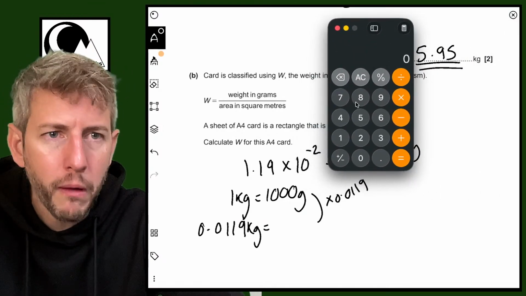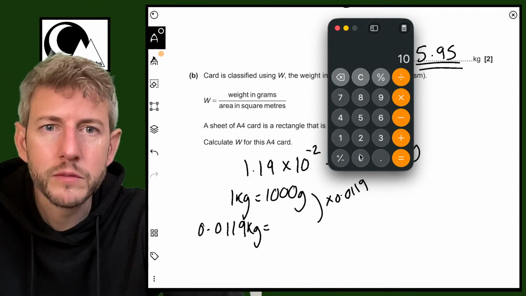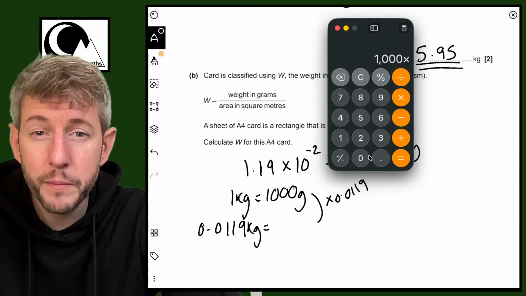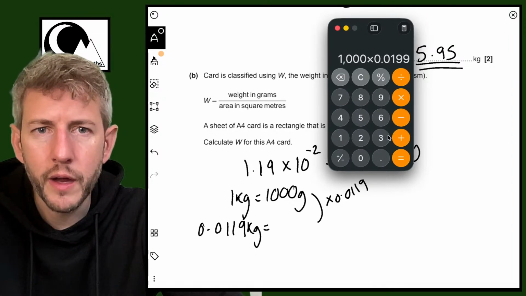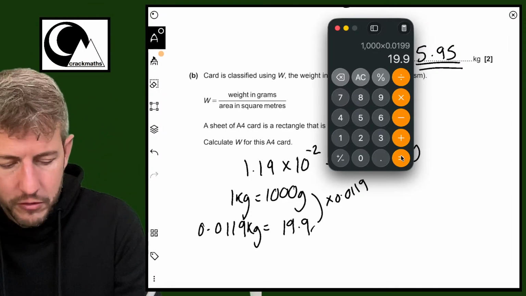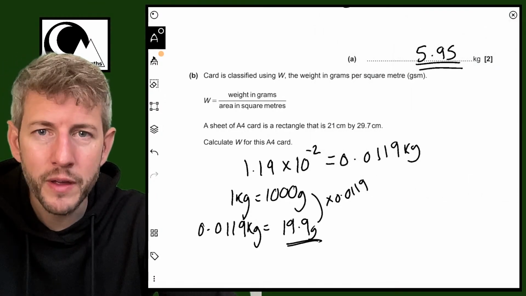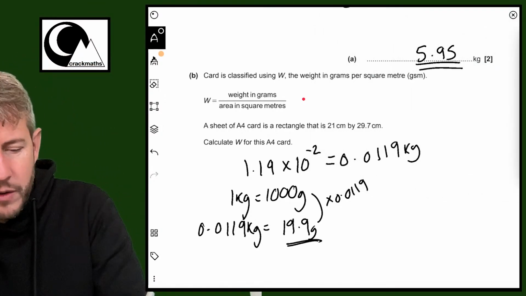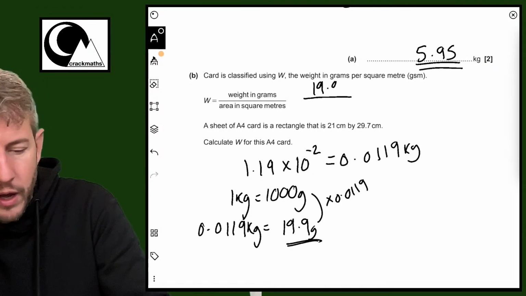So we've got 1,000 multiplied by 0.0119. So here we go. This is 11.9 grams. Okay, right, so we now have the weight of the sheet of paper in grams. So this is going to equal our weight in grams.